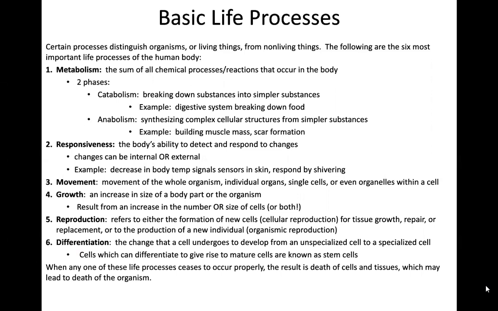Catabolism is where you break down more complex things into smaller, simpler things, like the digestive system breaking down complex food into simpler food molecules, like the protein that's in a cheeseburger broken down into simpler amino acids. And that way we can take those amino acids into our body and we can make proteins in places like our muscle. And that means we're going to perform anabolism, synthesizing complex cellular structures from simpler ones.